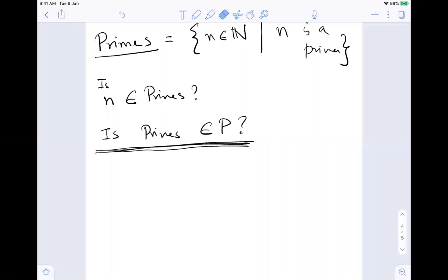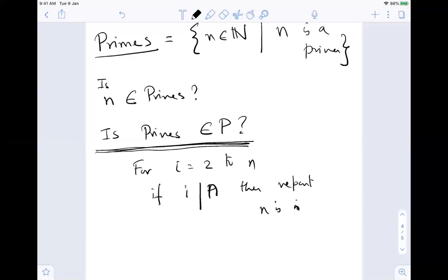I'm very happy. Okay, here is an algorithm. For i equals 2 to N, if i divides N, then report N is not prime.